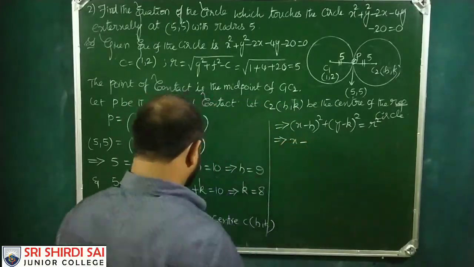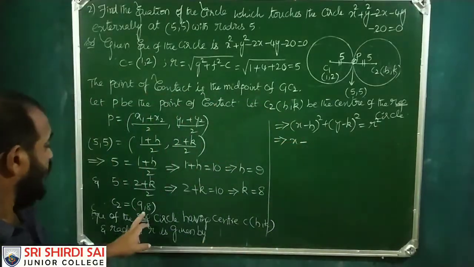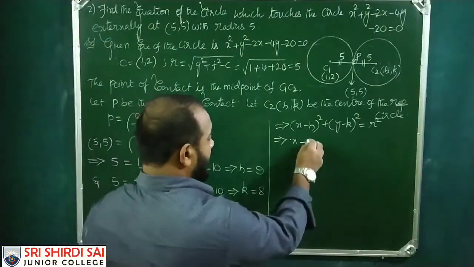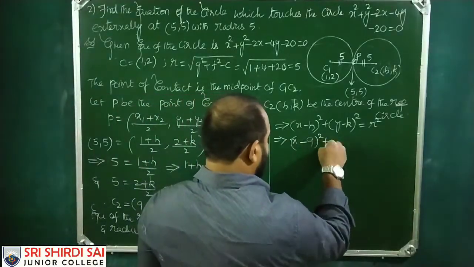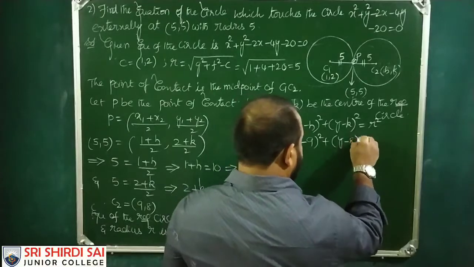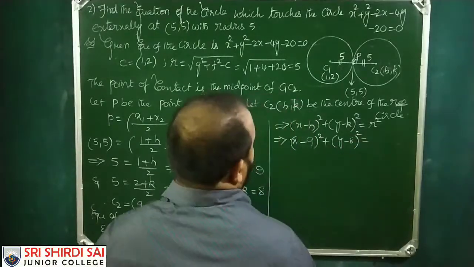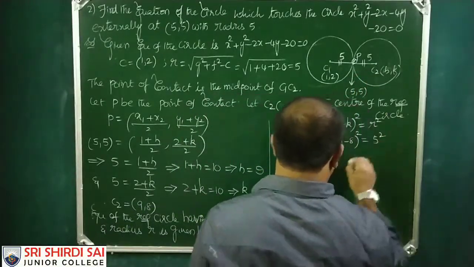With (h, k) as 9 comma 8, we get (x minus 9) whole square plus (y minus 8) whole square equals 5 square.